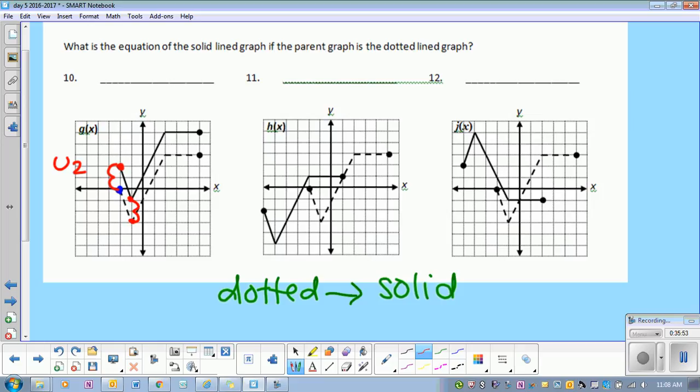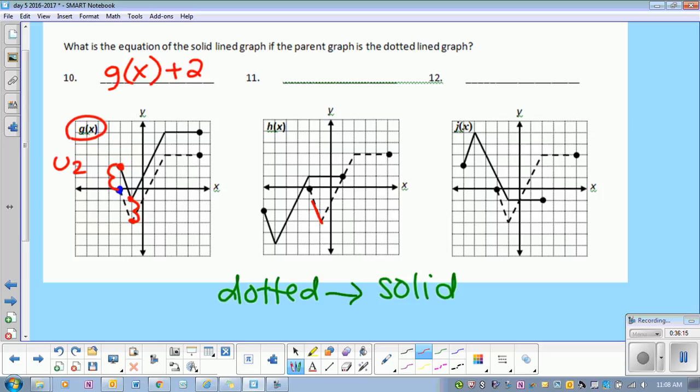Good. So it's g of x plus 2. So it is g of x, because it tells you what that is, right? The function. And then up 2, so it's plus 2. Yeah? Okay.